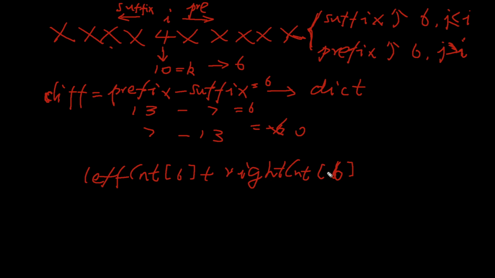Oh, sorry, this one is going to be a left count of 6, because like I said, for the prefix here, the left count is 6, and in the right count we are looking for -6.